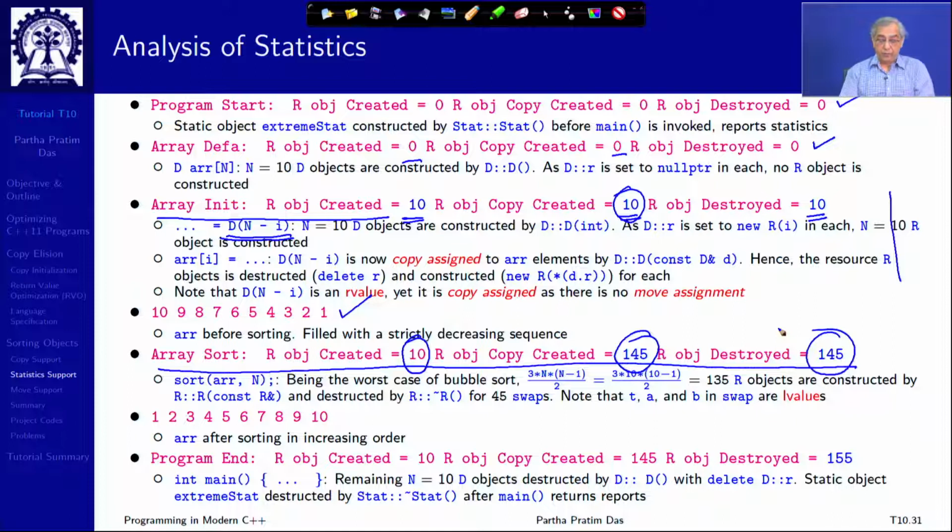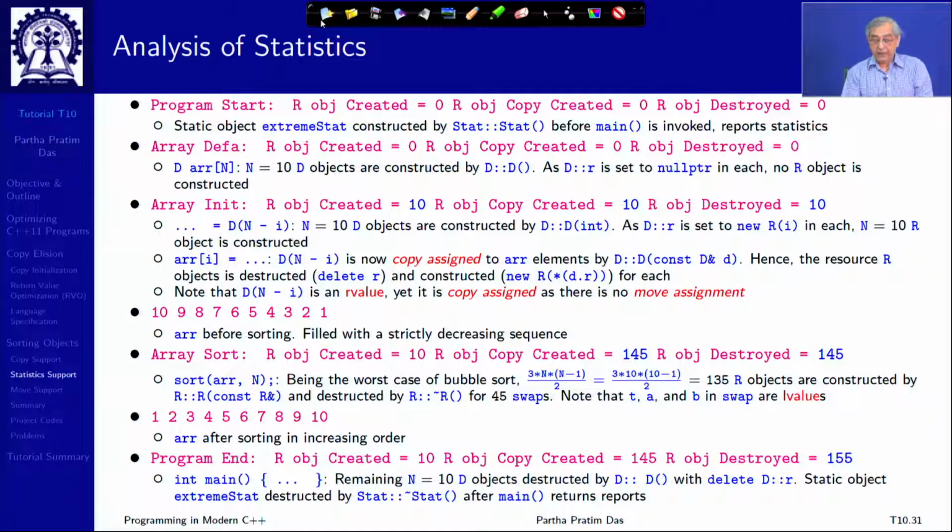Just see how wasteful it is. And if you tally it with the analytical formula we have just derived, you will find that this is 135, which tallies with the fact that 10 plus 135 is 145. Then you have the array, and finally, the total copies created are 145, direct creation is 10, and the 10 objects in the array that existed when main ends will get destructed.